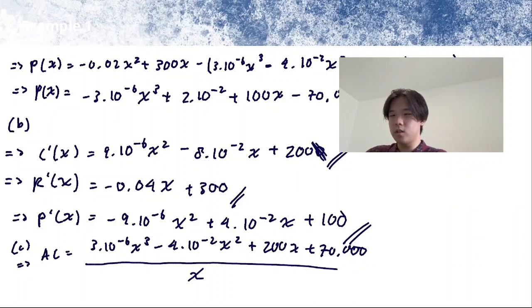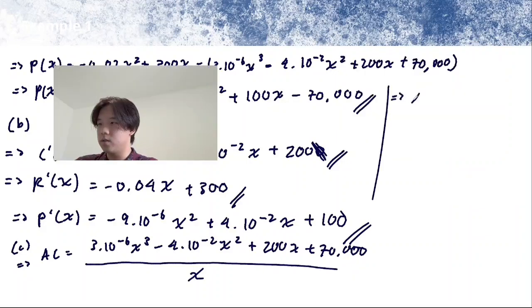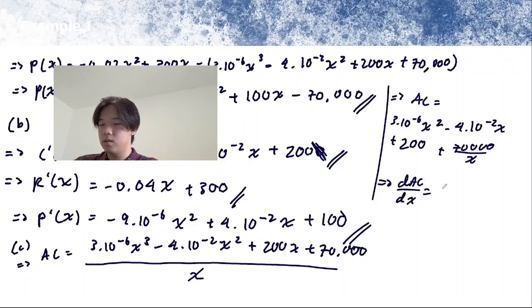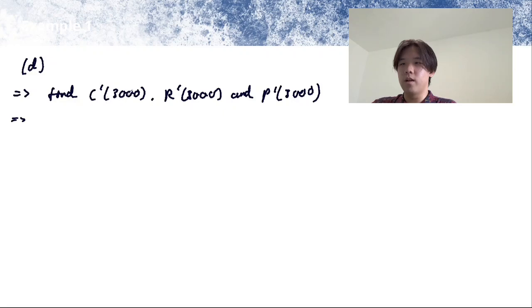To find the average cost function, by the power rule, 3 times 3 gives 9 x squared, then by the addition rule, negative 4 times 10 to the negative 2 times 2 gives negative 0.08x, then this is 200, and this will be negative 70,000 over x squared.